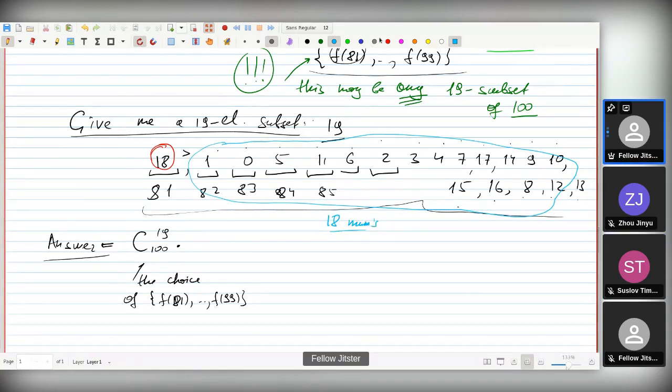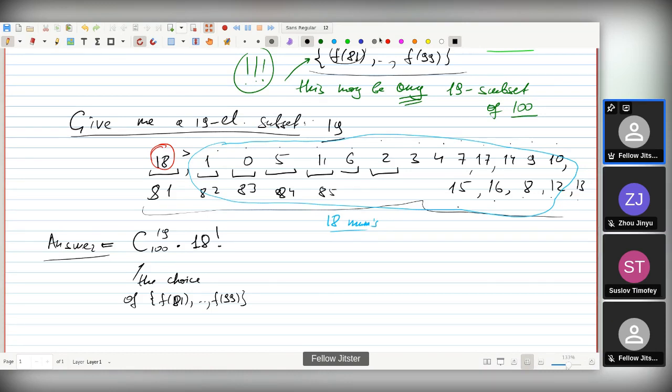These numbers have been already chosen. Do we have any constraint on their order? No. So how many ways do we have to reorder them? 18 factorial.